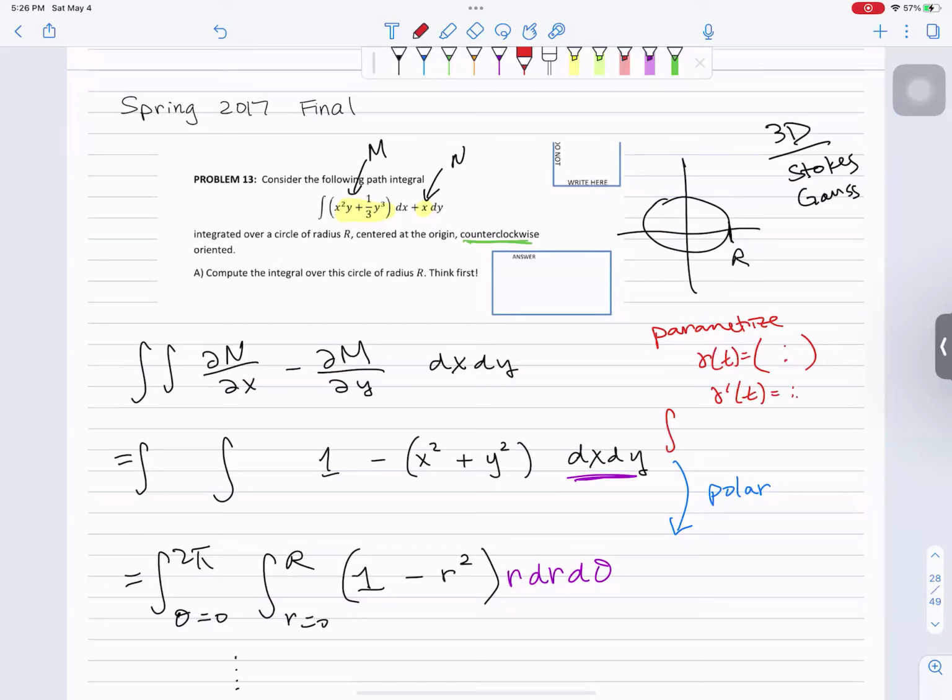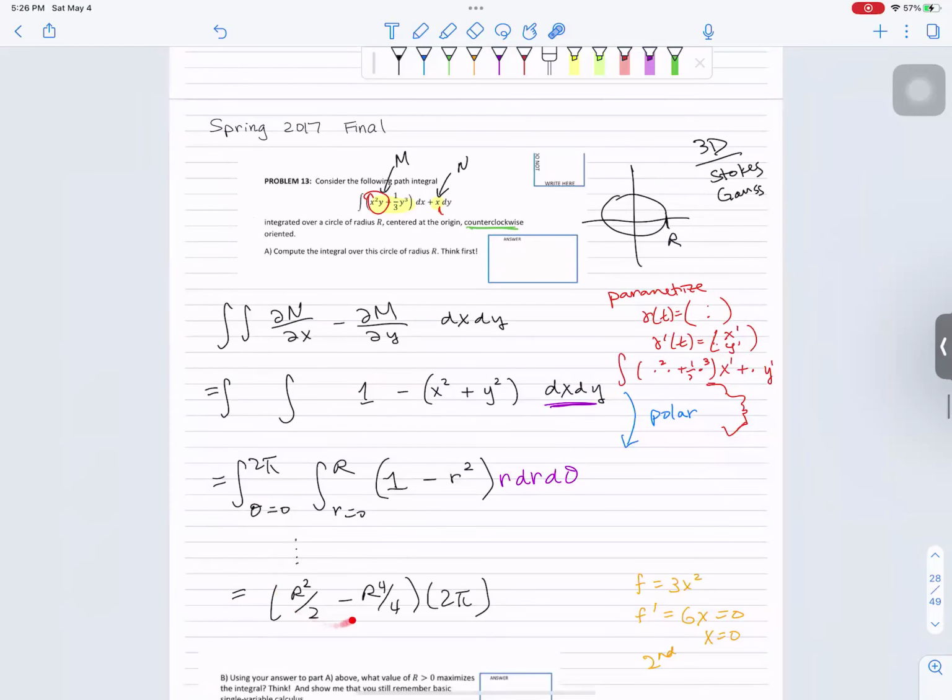And when I do the integral, I would have to plug in whatever x is squared, times y, plus 1/3 whatever y is cubed. And then I have to multiply by the derivative x prime, plus, then I plug in the parameterization for x, times dy, and do a bunch of integration, which is a lot of work. And it's possible, I mean, but Green's theorem makes it much nicer.